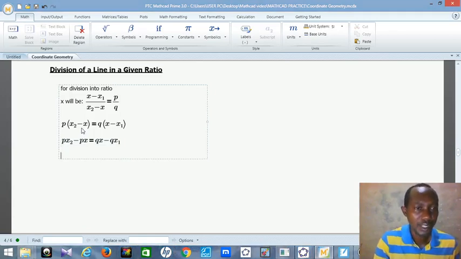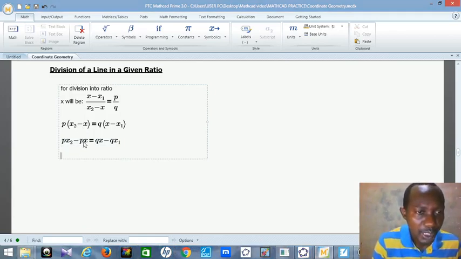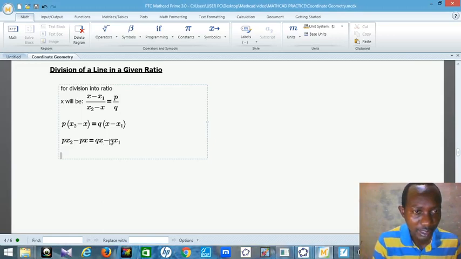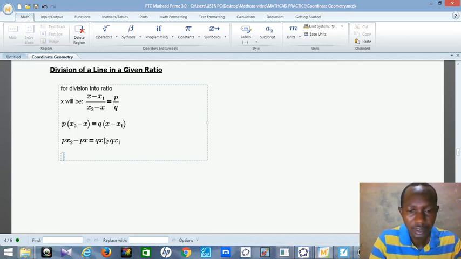Now px, you can see if I bring px to this side, minus px will become positive on this side, then minus qx1 will become positive here, which will now give us px2 plus qx1.